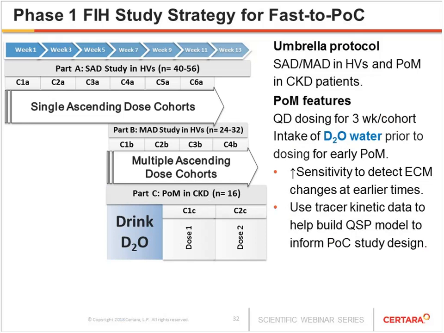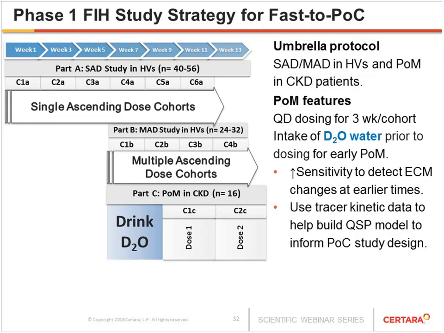So, as I said, after completion of the initial single ascending dose and multiple ascending dose parts, or almost in parallel to the multiple ascending dose cohorts, we would start dosing or treating those patients with deuterated water. And that would then start to label the extracellular matrix protein with the objective to increase the sensitivity to detect changes in those biomarkers at earlier times.